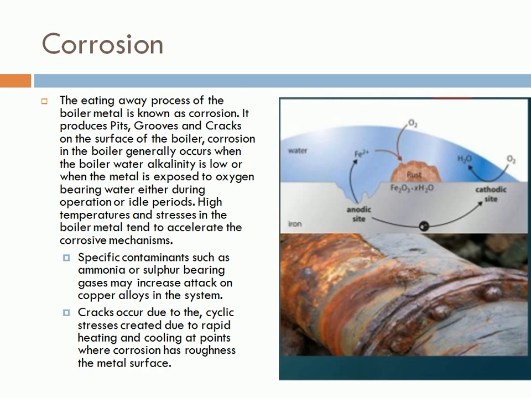Next one is corrosion. Corrosive compounds, especially O2 and CO2, meaning oxygen and carbon dioxide, must be removed, usually by the use of deaerators. Residual amounts can be removed chemically by the use of oxygen scavengers.